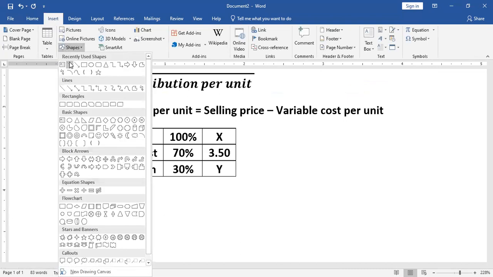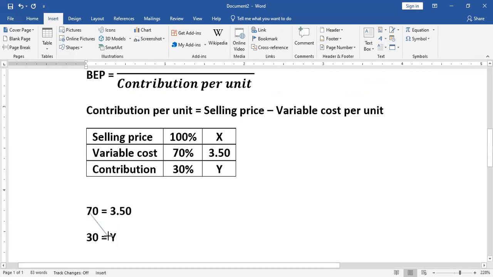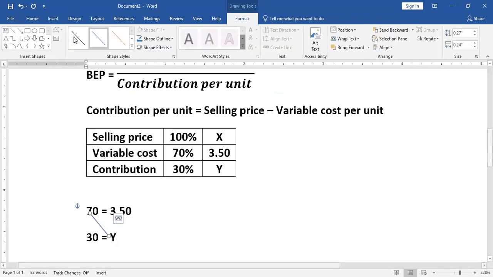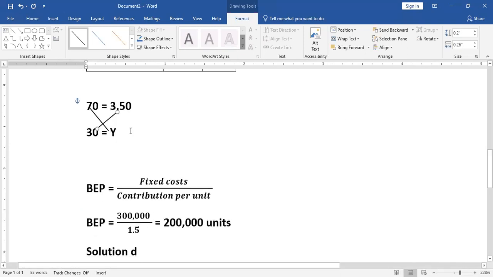So if I'm cross multiplying, this shall be 70 multiplied by Y there. And then we shall have 30 multiplied by 3.5, and then from there we can make headway.